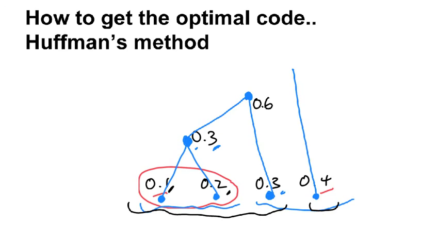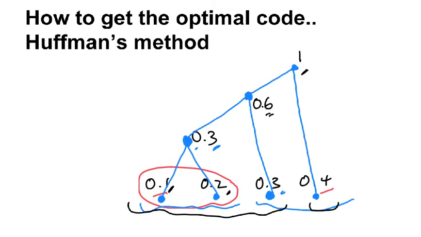Right, so we form a new tree like this, and of course the root of this overall tree, the new tree, is the complete tree. The probability associated with this is 0.6 plus 0.4, that will give you 1. Can you understand this?